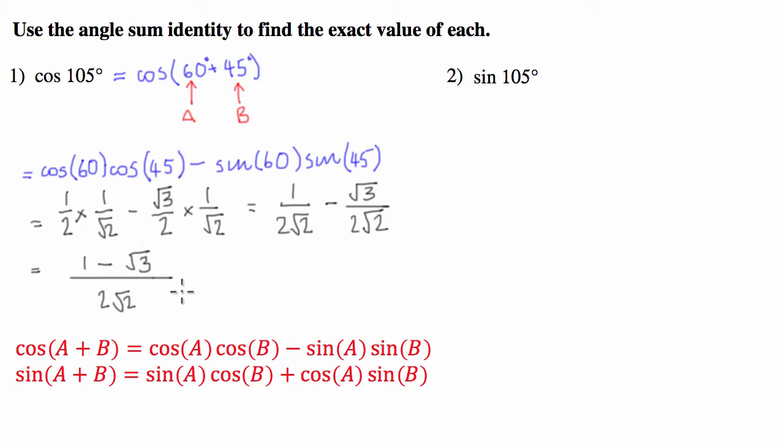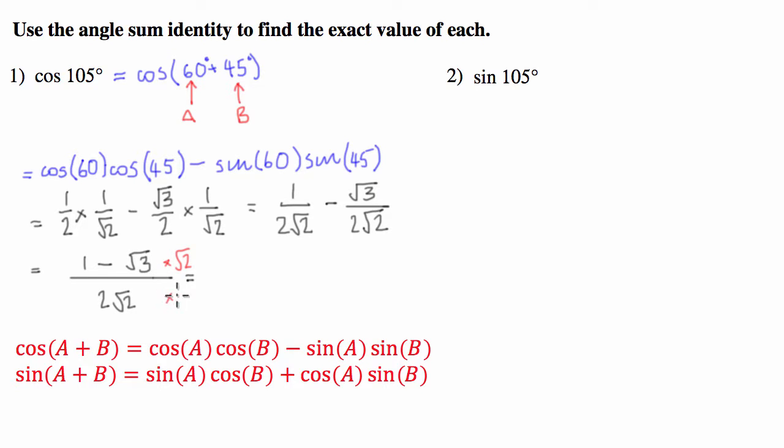Now, most people will ask for their fractions at the end to be left with a rational base, so we have to rationalize the denominator. So we multiply it by square root 2 over square root 2, in effect timesing it by 1.